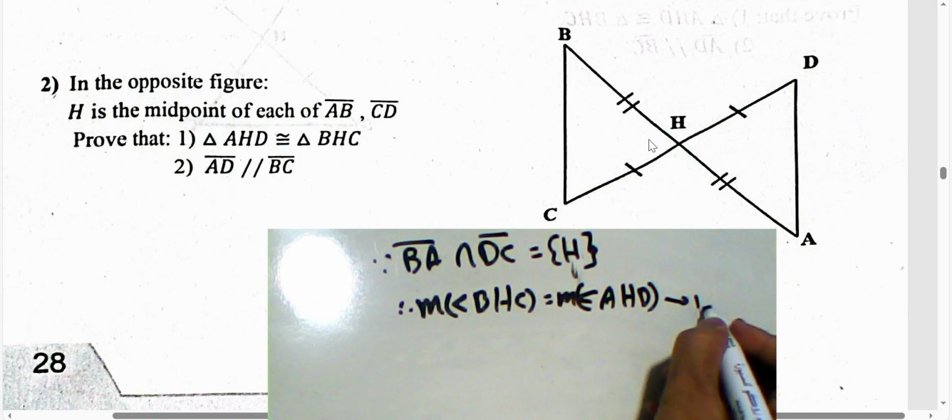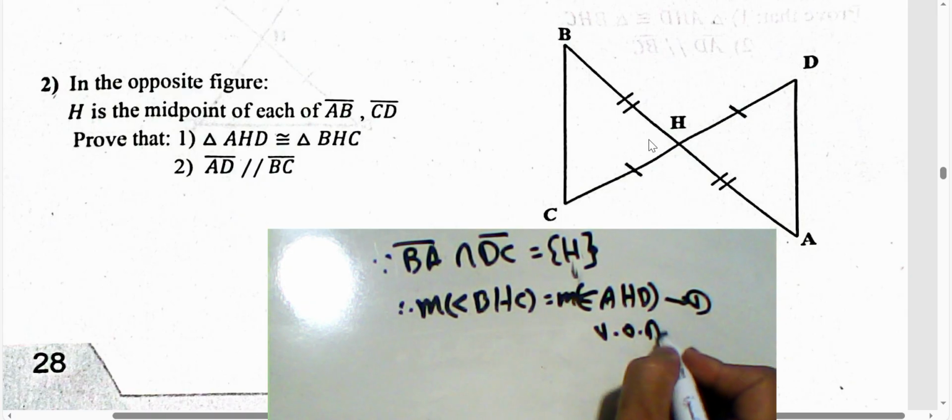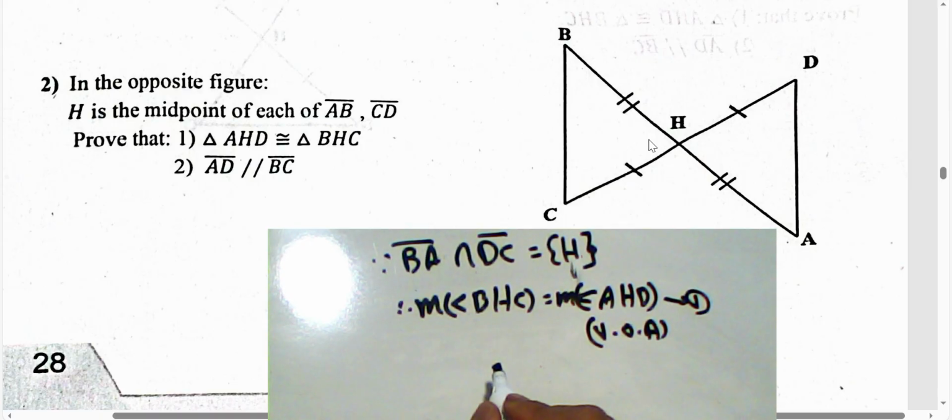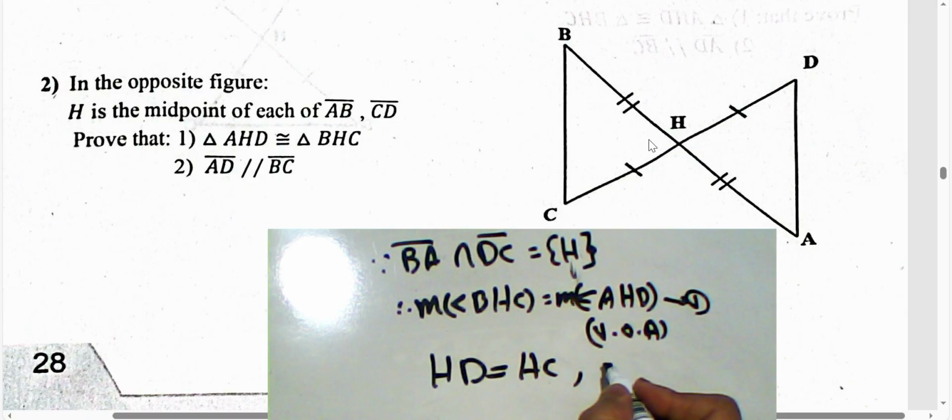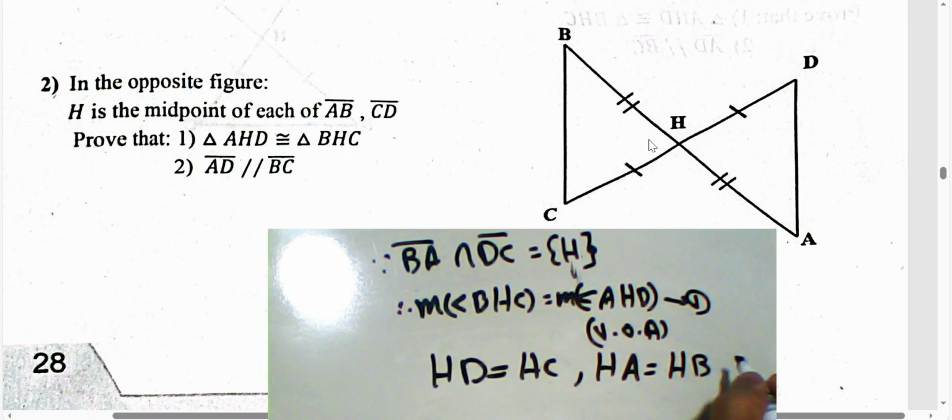Okay, it's relation number 1. We call it vertical opposite angles. And we also have HD equivalent to HC, and also HA equivalent to HP. It's the second and third condition.